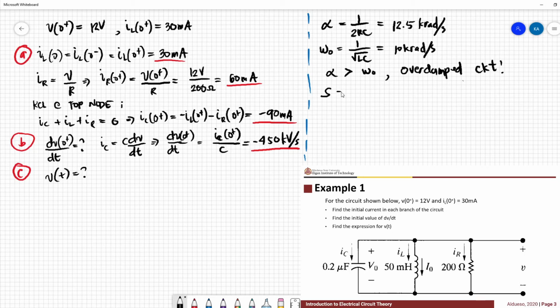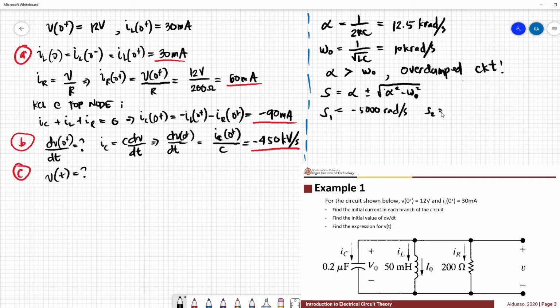S is equal to negative alpha plus or minus square root of alpha squared minus omega naught squared. So S1 equal to negative 500 rad per second.